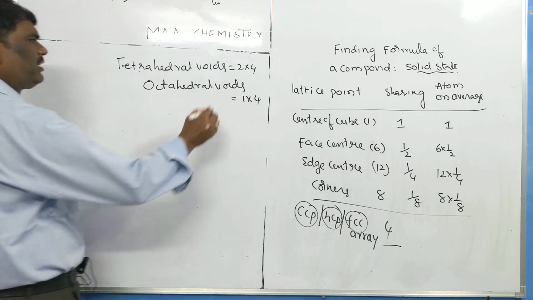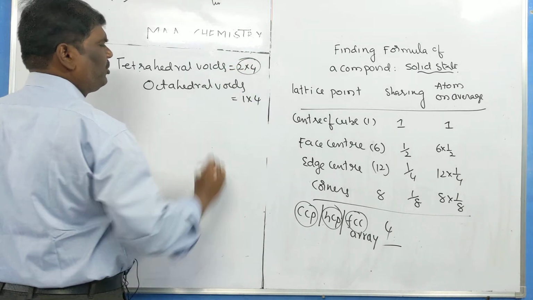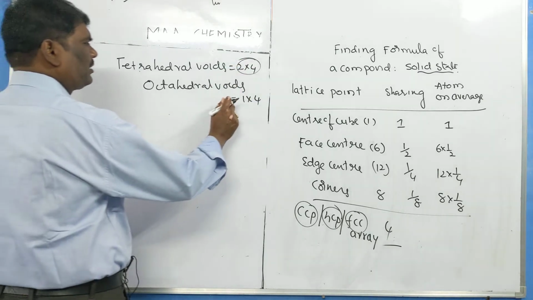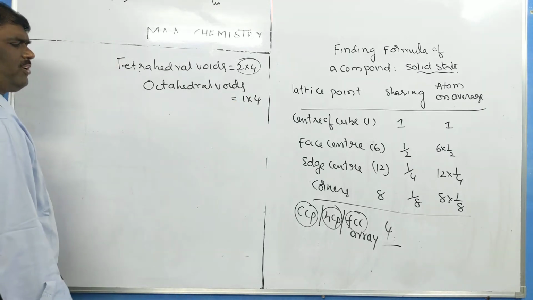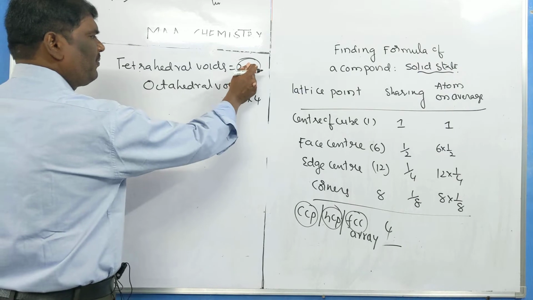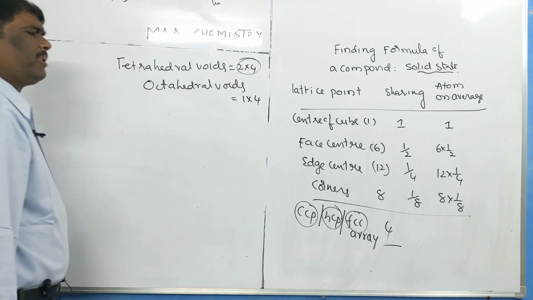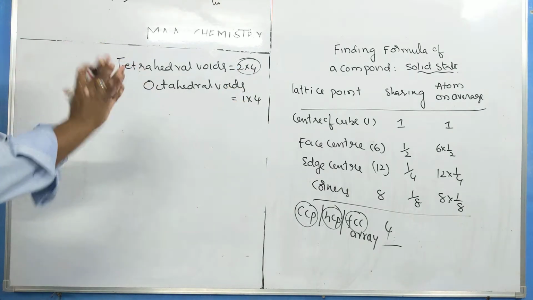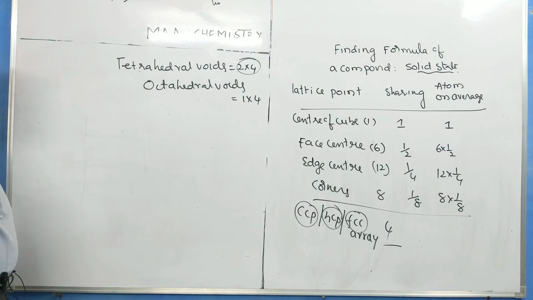That's why for tetrahedral void you take 2 into 4, and for octahedral void you take 1 into 4, because for FCC we are taking 4. Double the number of atoms here, equal to the number of atoms here. By keeping in mind these values we are able to solve.